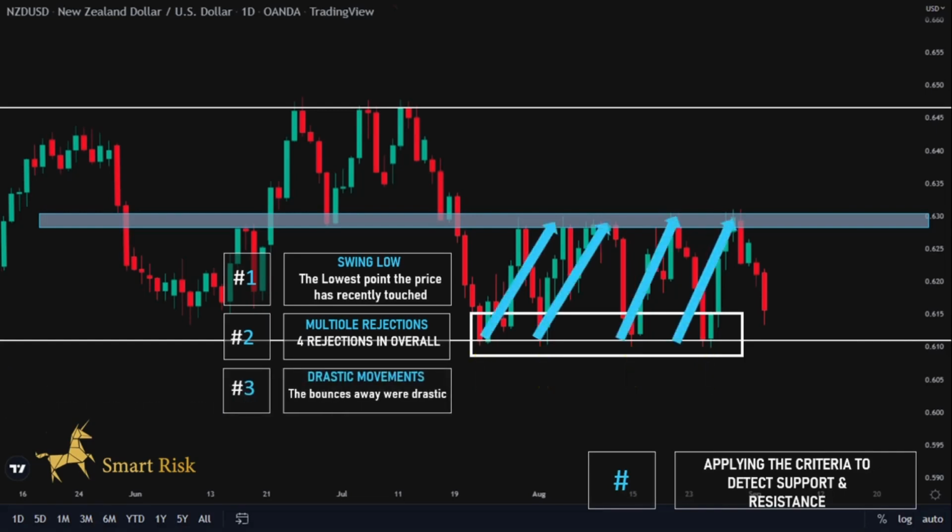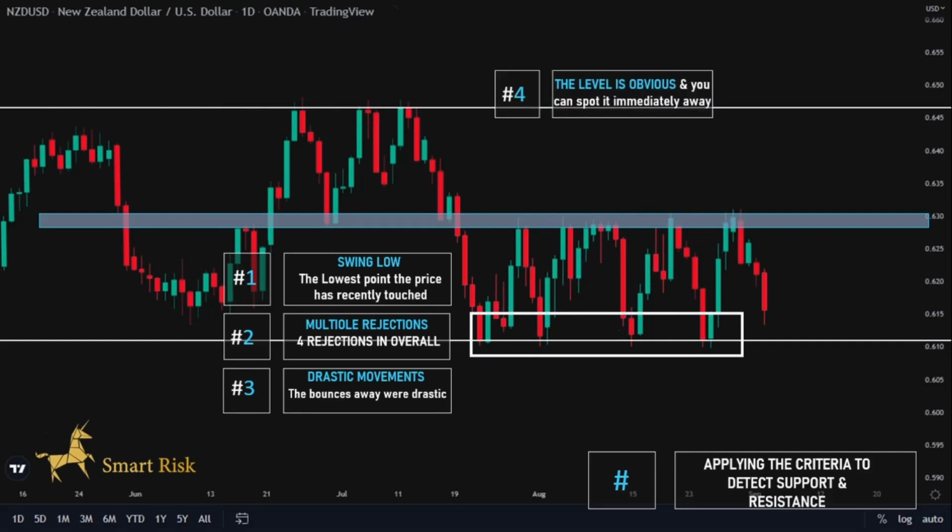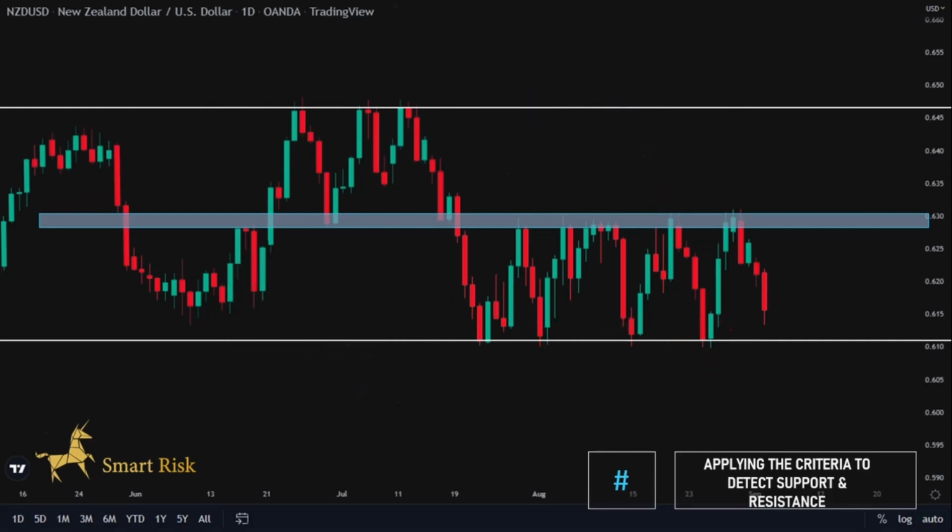Drastic movement, meaning price sharply reversed after it touched this level. 4. The level is obvious, as you should have detected it instantly in just seconds. And 5. The level was recently respected and formed in a recent time period. So let's try it again on another pair.